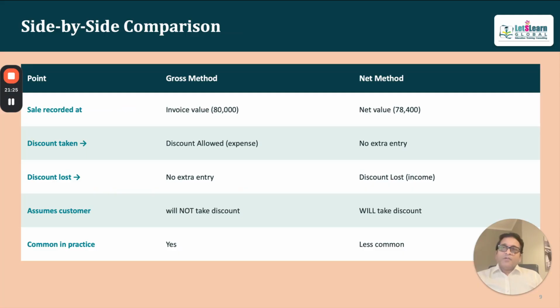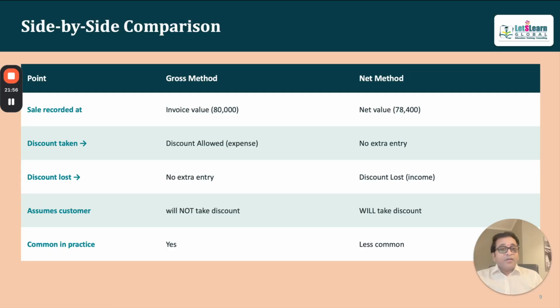Right. So if you have a comparison side by side, gross method and net method: in the gross method we record the invoice value, whereas in the net method we record the net value, expecting that the discount can be claimed by the customer. Discount taken: yes, allowed. Here no extra entry. Only when the discount is not taken by him, by not paying within the discount period, we will write one more entry.